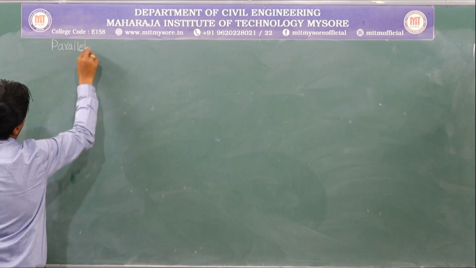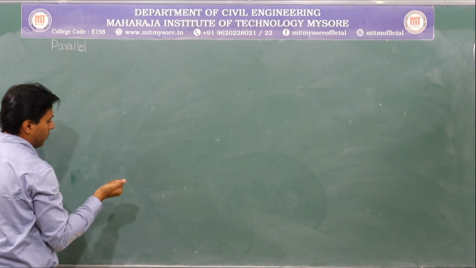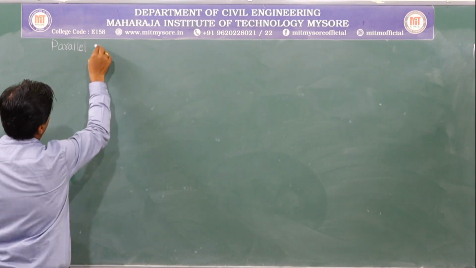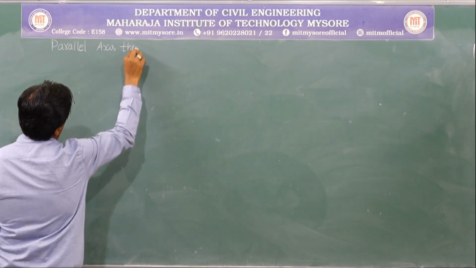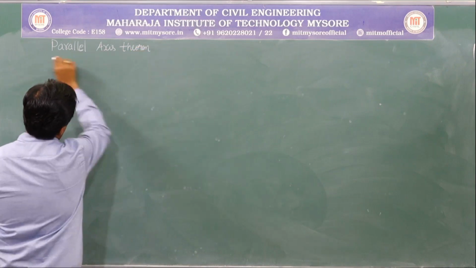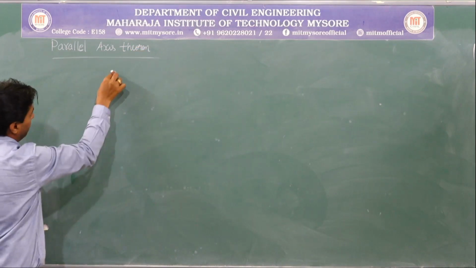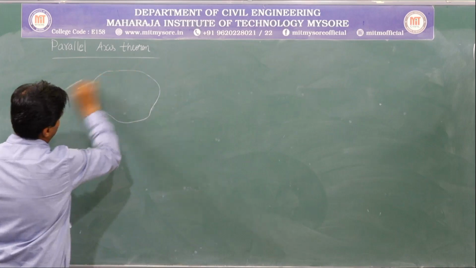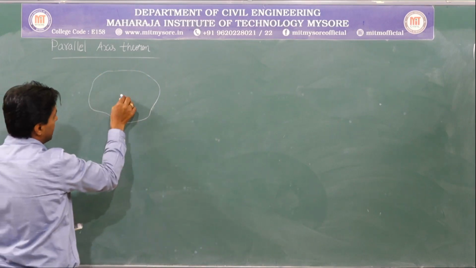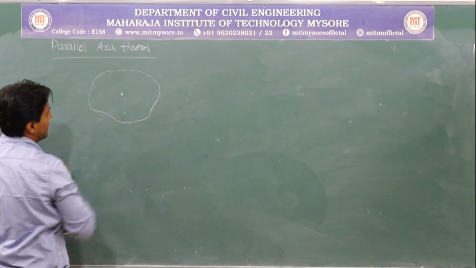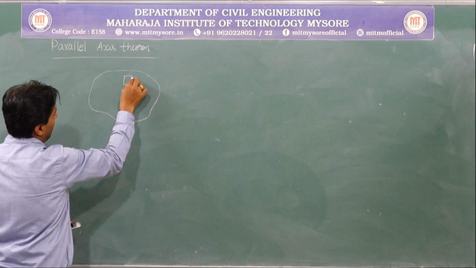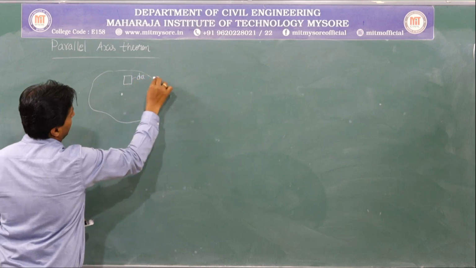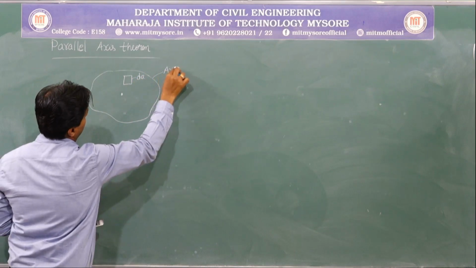We have completed the perpendicular axis theorem, and now we are moving to the parallel axis theorem. As usual, first let me draw the diagram. Let me consider an object, and the centroid of this object, let me take it at the center. As usual, I will be considering an elemental area dA, and the entire area is capital A.